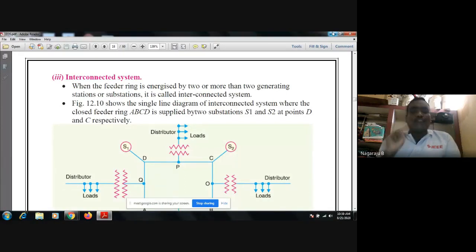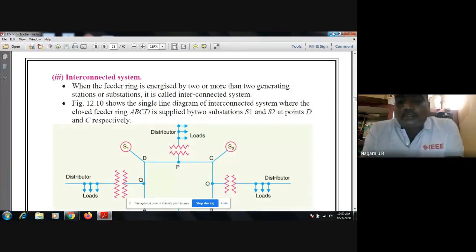All of you remember this. Nearby your home, one pole mounted transformer is there, and that pole mounted transformer is connected to some domestic loads and some industrial loads. Those are connected like a radial type.